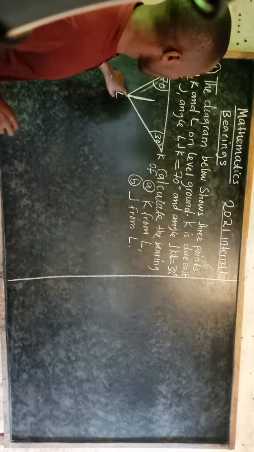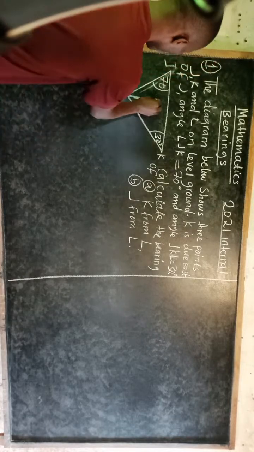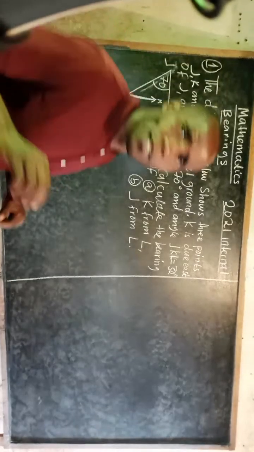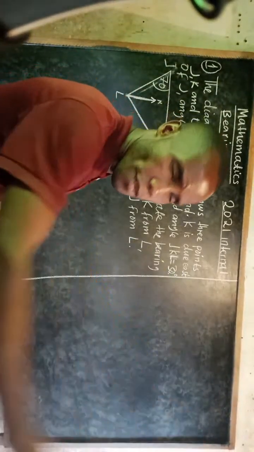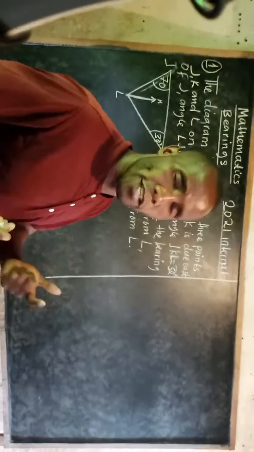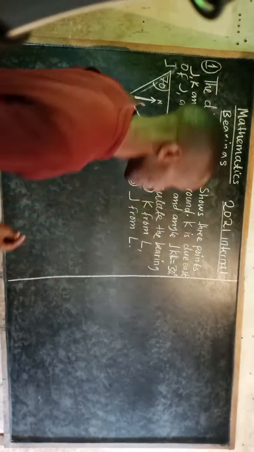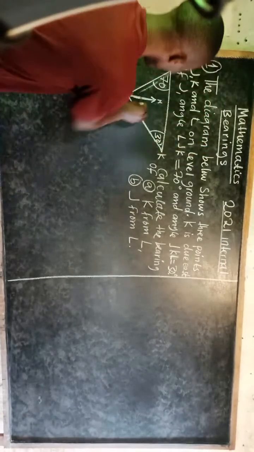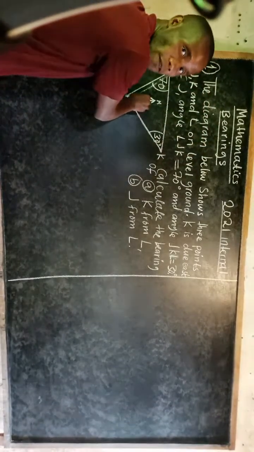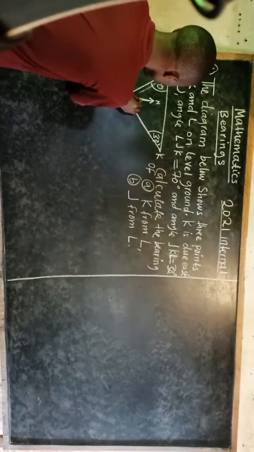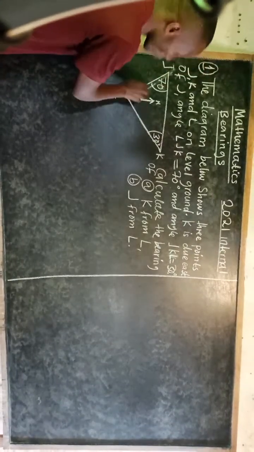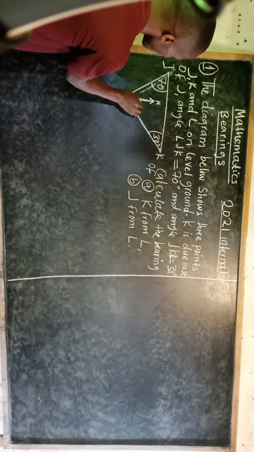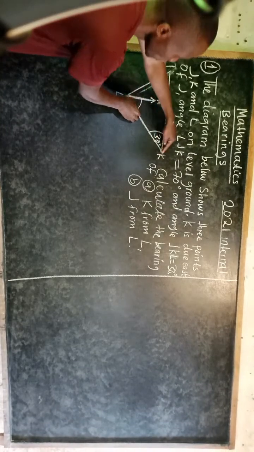Okay, so now when measuring, we always go in the clockwise direction. That's the direction that we follow when measuring bearings. So once you have created the true north, you touch the same vertical line, then you make a circle like you are moving in this direction, the clockwise direction, up to the line which is KL.